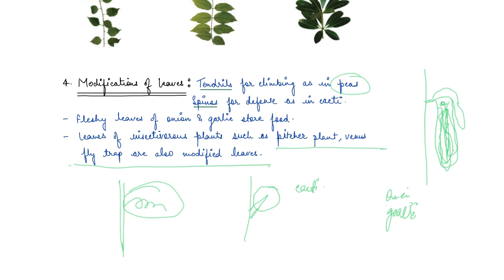And lastly we saw the modification of leaves into different parts performing several different functions. I hope you understood what exactly a leaf is and what part it plays in a plant, and how important it is. It is one of the most important vegetative parts as it performs photosynthesis.